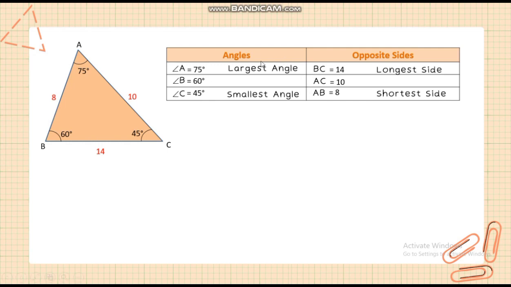As you can see, angle A, the largest angle, is opposite the longest side. And also the smallest angle is opposite the shortest side. So this concept is related to theorem 1, which is the side-angle inequality theorem.